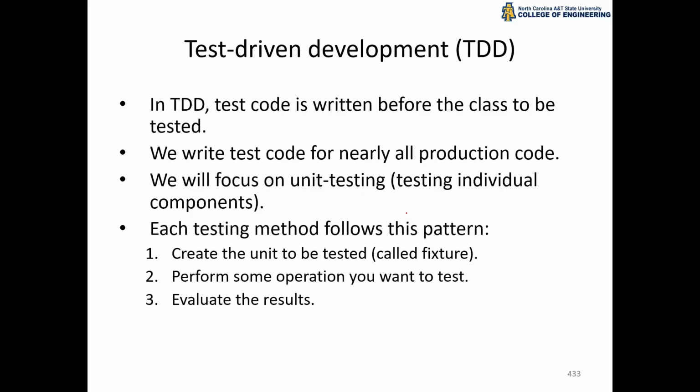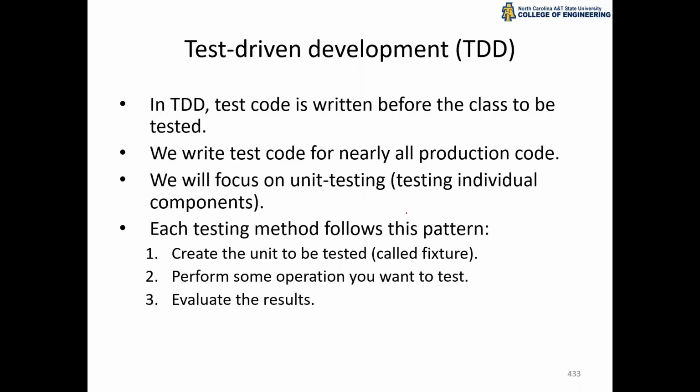So you're creating the test code before the production code. Find which class you want to test, then which method you want to test, create the instance of it, and then perform some operation, for example addition. Pass different values and compare the expected results and the real one.